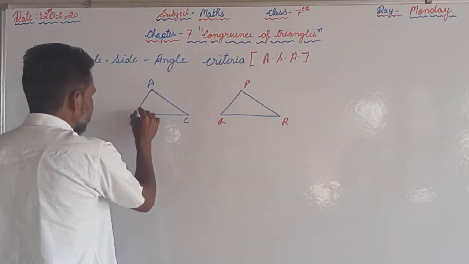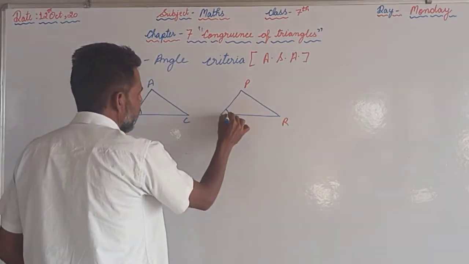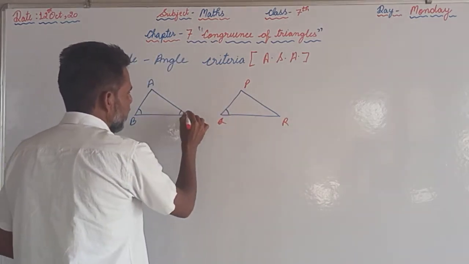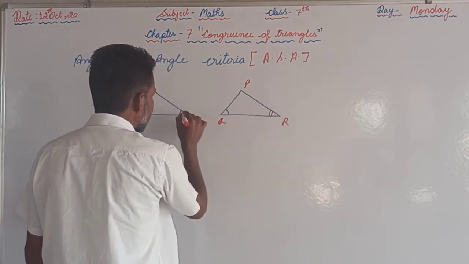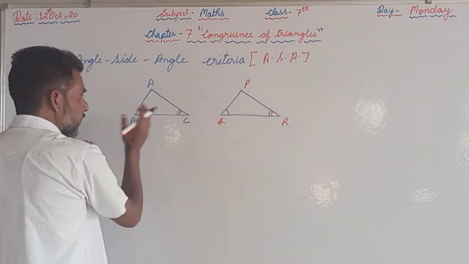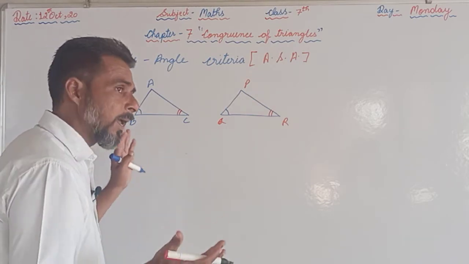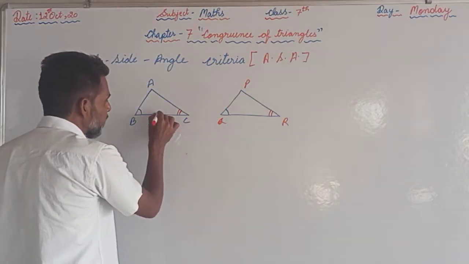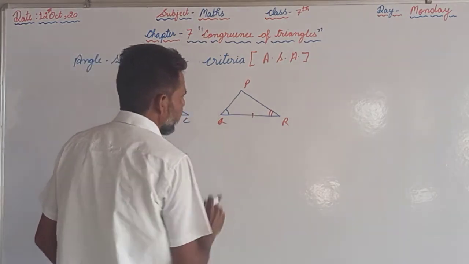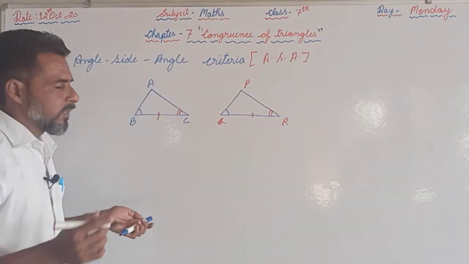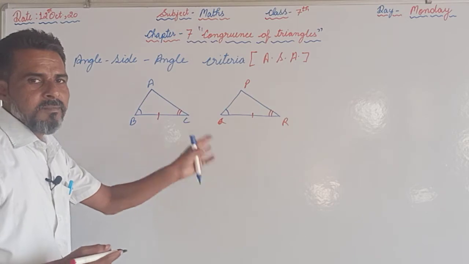Here angle B is equal to angle Q, and angle C is equal to angle R, and the containing side, meaning the side which is common to both these angles, in between them, BC is equal to QR. If these three things are given, then we can say the triangles are congruent.